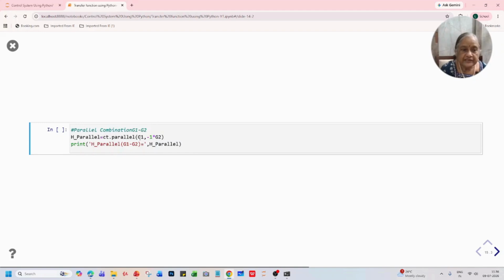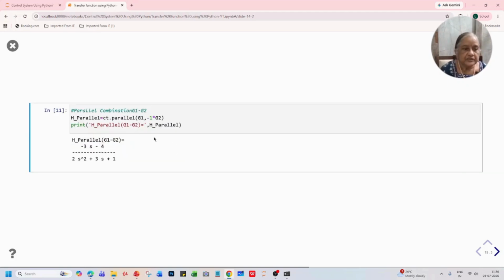Then it will add this G1 with minus G2 and give the parallel combination. So this is what you get when you execute this. So to connect them in parallel with a negative sign, that will subtract, and if you don't define anything, it will take it as an addition.